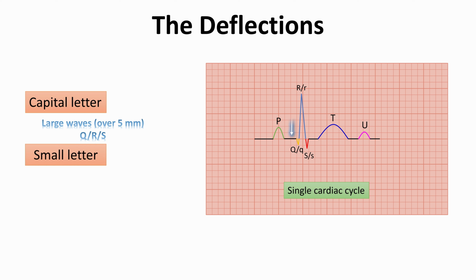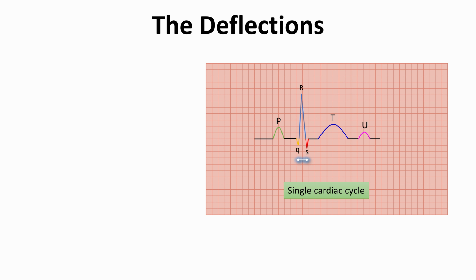Large waves over 5 mm are assigned capital letters Q, R, and S, while small waves under 5 mm are assigned small letters q, r, and s. The entire QRS complex is viewed as one unit, since it represents ventricular depolarization.